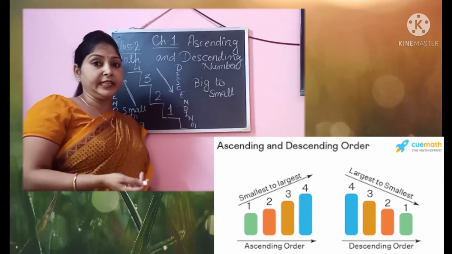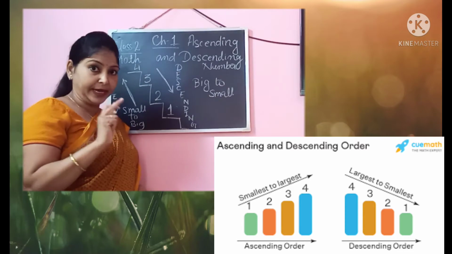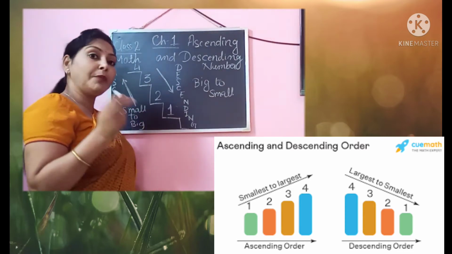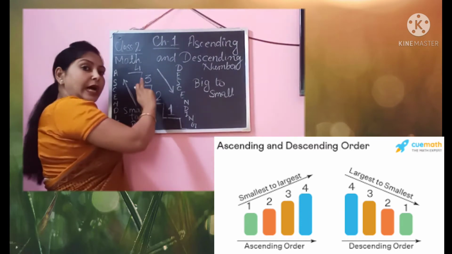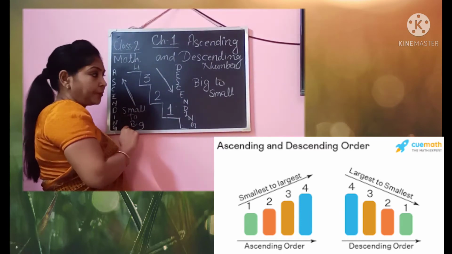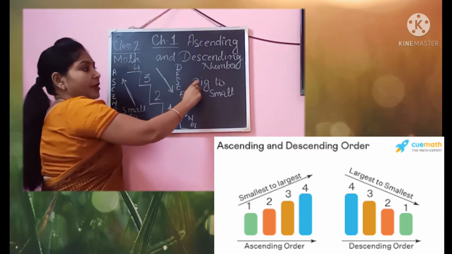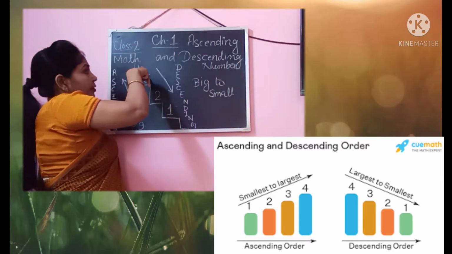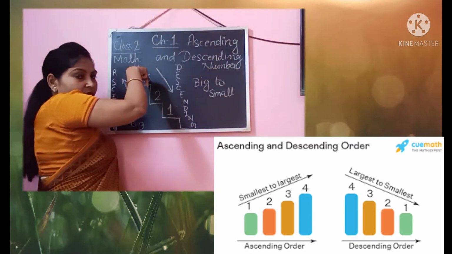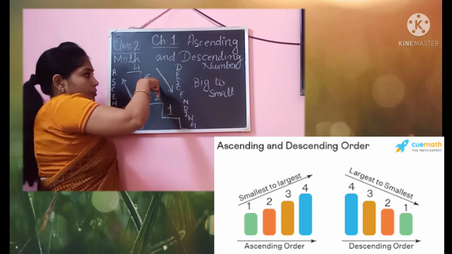And now, like in the last class, we have learned how to compare the numbers, right? So, by the help of comparing numbers, we can also do ascending and descending order. Now, what is descending order? From big to small. That means from up to down. So, here you can see the biggest number is 4. Then we are moving down. 3.